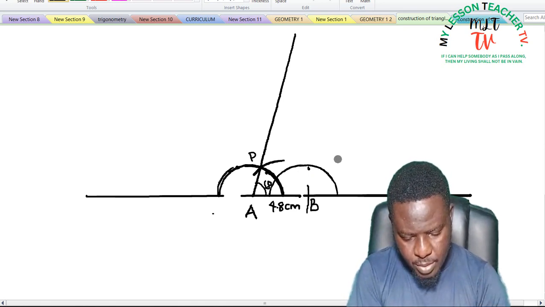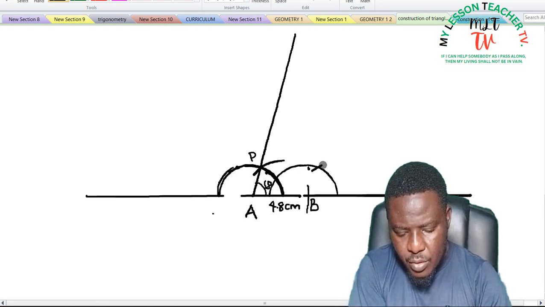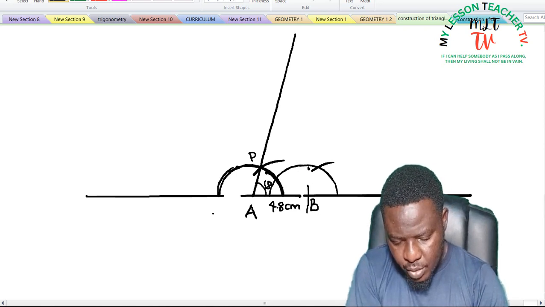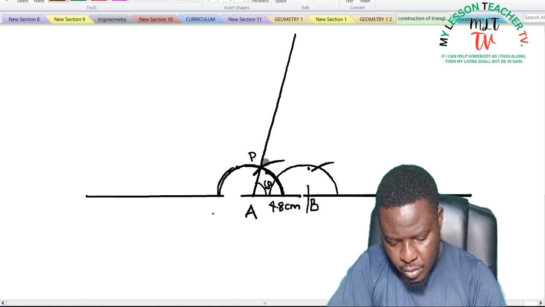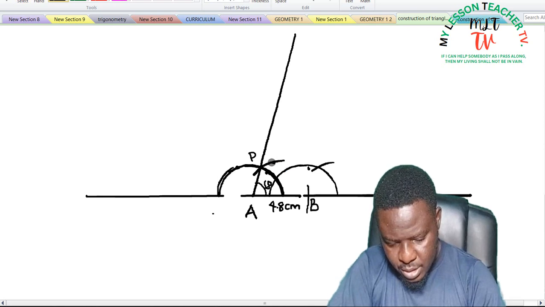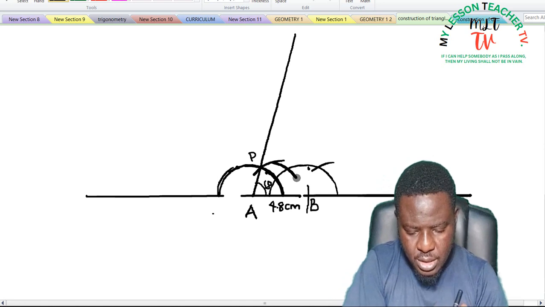Without changing that arc, with this as center, you construct another arc. With this as center, you also construct another arc. Remember, this is 60 degrees. So I have constructed 60 degrees.